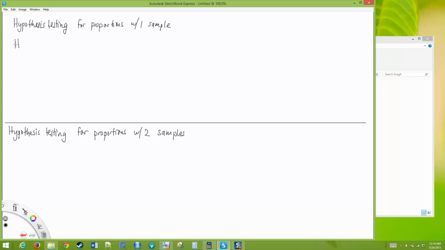So when doing hypothesis testing for proportions with one sample, your null hypothesis will always be p equals some value. I'm just going to put in 0.30 as a stand-in, but of course it's whatever value is listed in the problem.